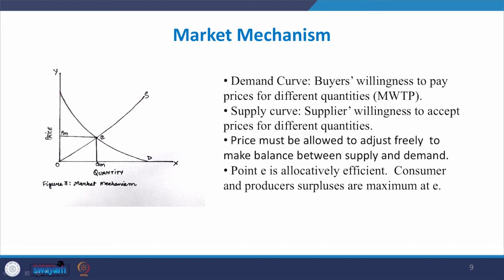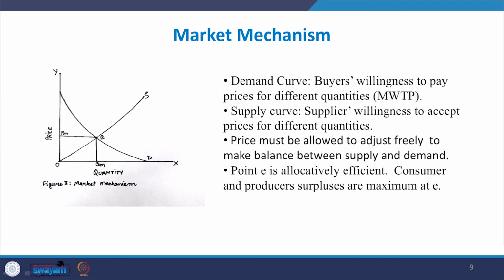Supply is positively associated with price, meaning if the market price of the product increases, producers or sellers would be willing to supply more. Just opposite is the demand curve, which shows the inverse relationship between the price of the product and quantity demanded. So, when the price of the product increases, the quantity demanded of the product declines.